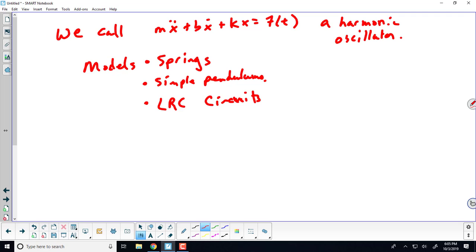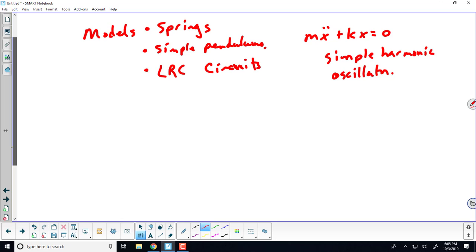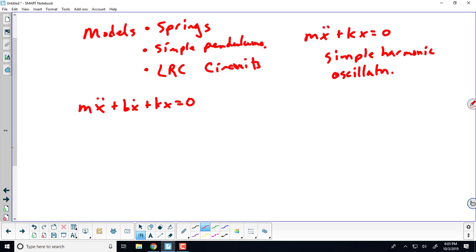So let me just say if it just looks like mx double prime plus kx equals 0, this is called a simple harmonic oscillator. If we have mx double prime plus bx prime plus kx equals 0, then this is called a damped or dampened harmonic oscillator.